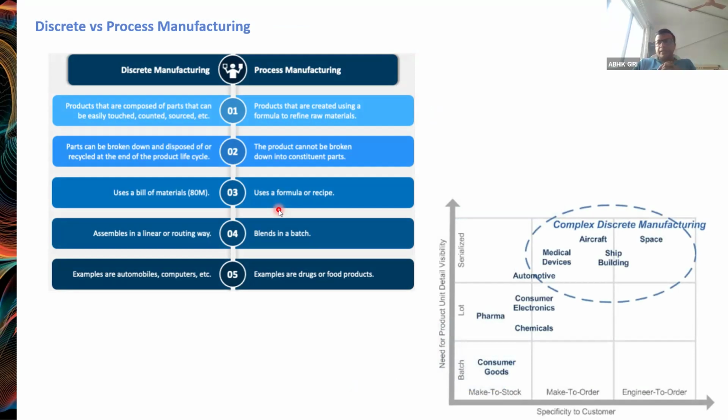For example, medicine is manufactured from multiple raw materials, and once you manufacture a medicine, you cannot get back the raw materials from the medicine. While discrete manufacturing is, for example, a cycle. Once you have manufactured a cycle, you can still get back the constituent parts, for example, the wheel, the tire, the handle, and so on.